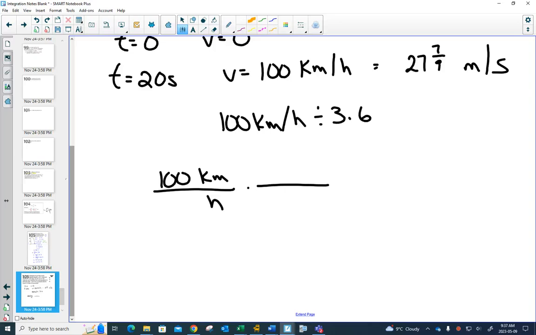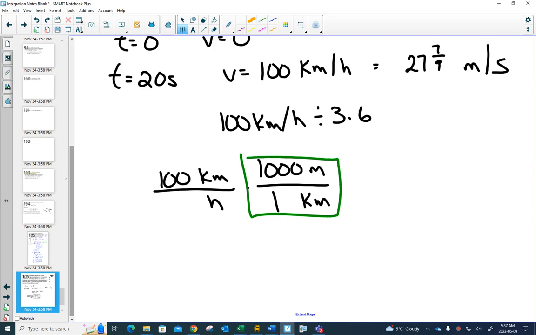You know that 1 kilometer is 1,000 meters, so multiplying by that cancels my kilometers unit and changes my units to meters.